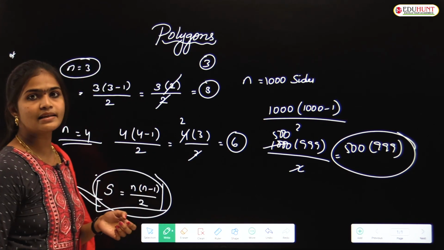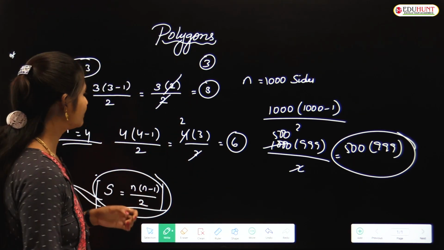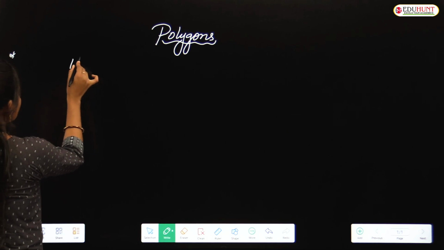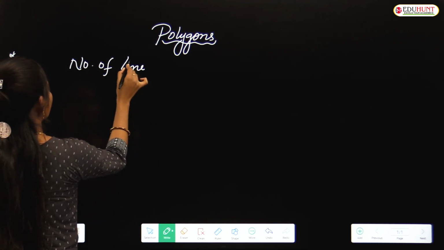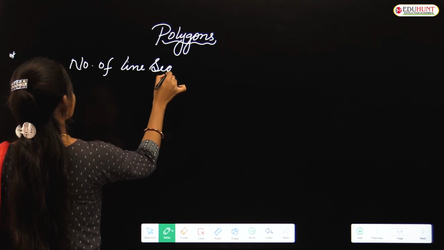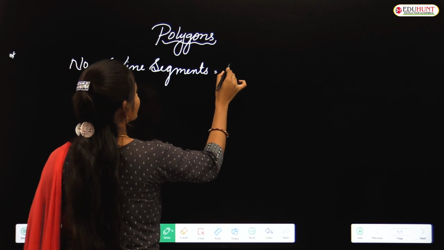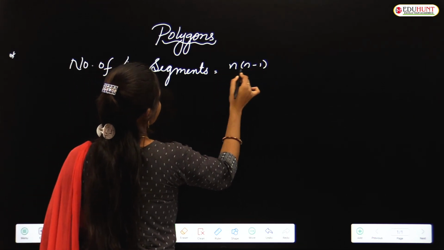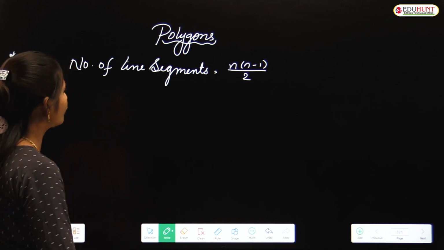S is equal to n into n minus 1 by 2. So what is the formula for the number of line segments? n into n minus 1 by 2. This is the formula we can use to find the number of line segments.